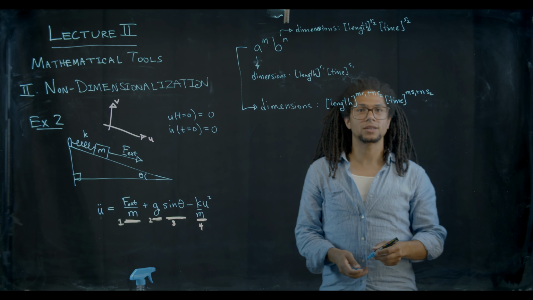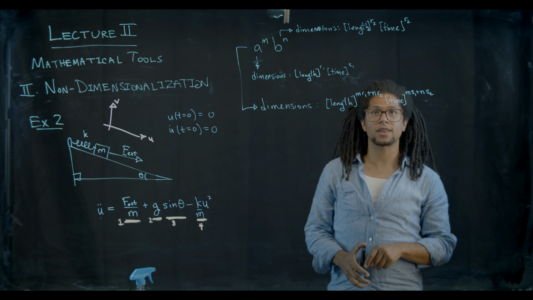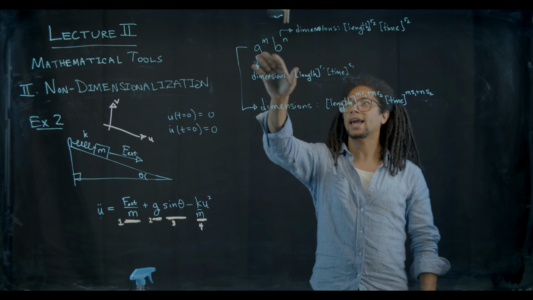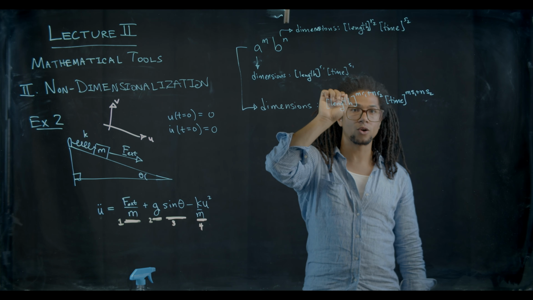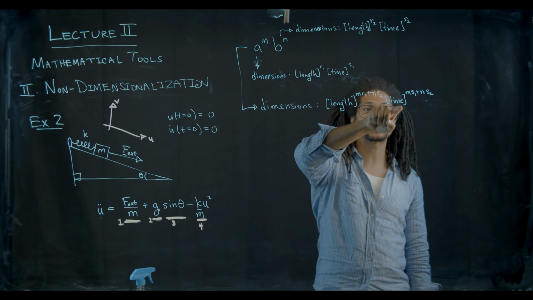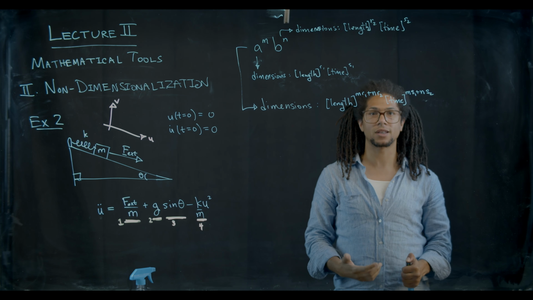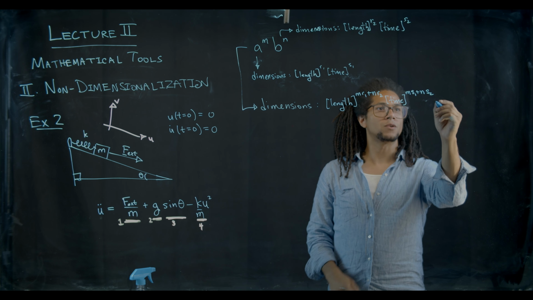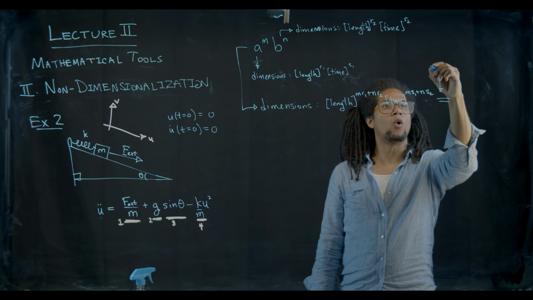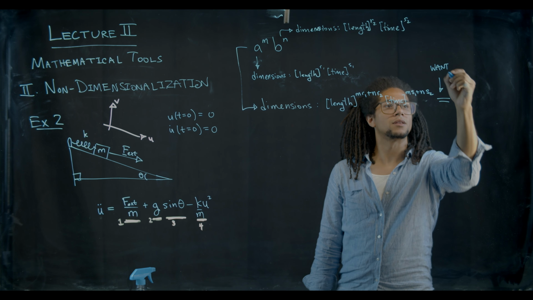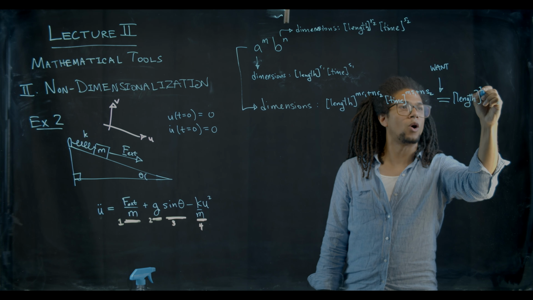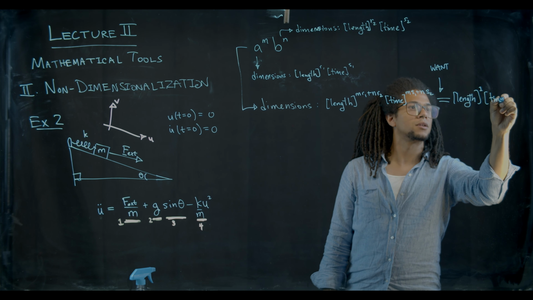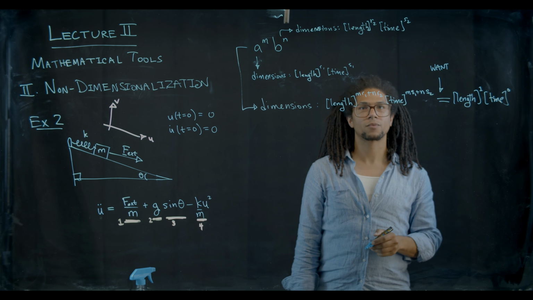Now, if I wanted something that had dimensions of length, I would be demanding that a to the m times b to the n has dimensions of length to the 1, for instance, times time to the 0. That would give me a reference length. So we want this to be equal to length to the 1 times time to the 0.